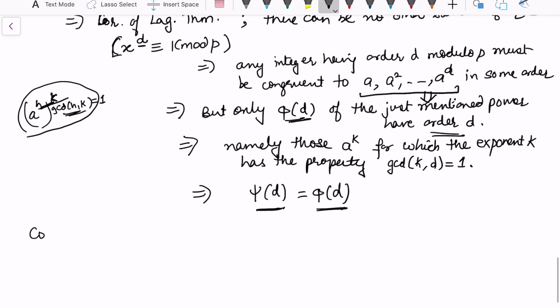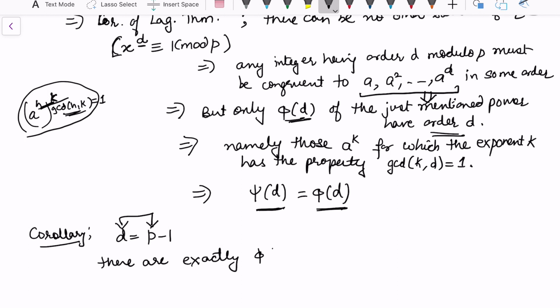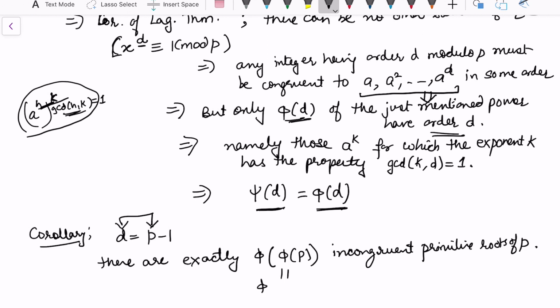And in fact, this gives us a very nice corollary. Whenever d is p minus 1 for a particular prime, that means whenever d is the last divisor, there are exactly phi of p minus 1 incongruent primitive roots of p.